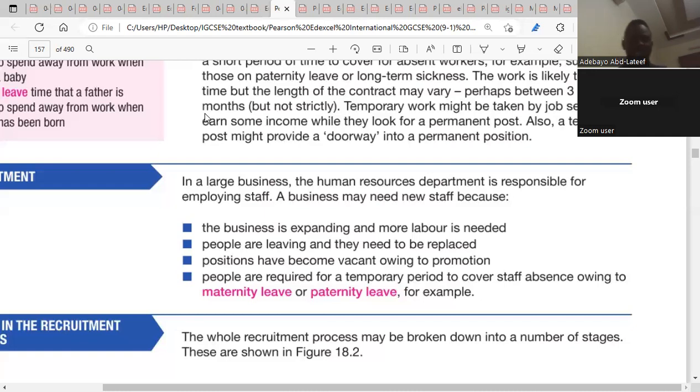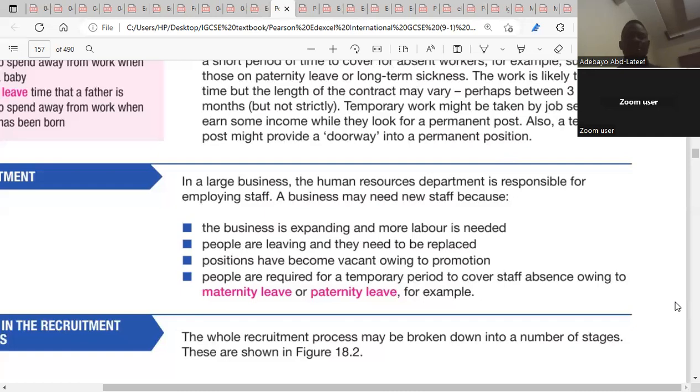There's a department that is responsible for recruiting, for training, for disengaging workers. That department is called the Human Resources Department, HRD. So if the HRD wants to employ workers, it would mean that there is a vacancy within the organization. Is it clear?